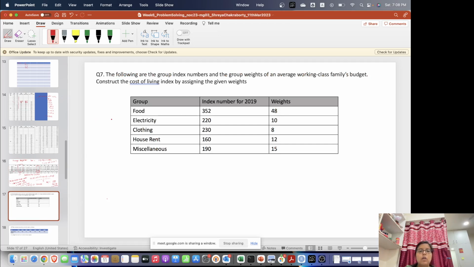So the following are the group index numbers and group weights of an average working class family's budget. So we should construct the cost of living index by assigning the given weights. So this is index number I, and this is what we mean by weights.